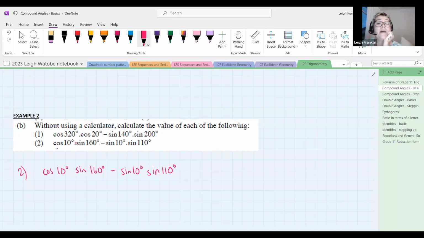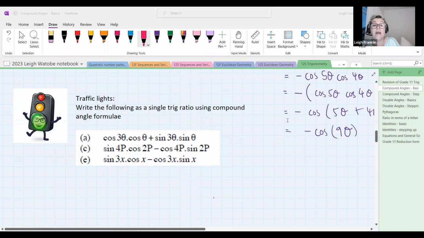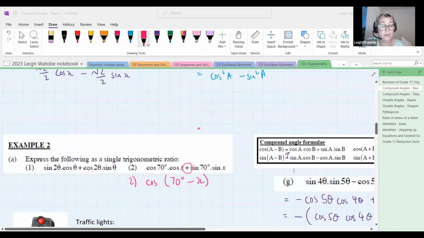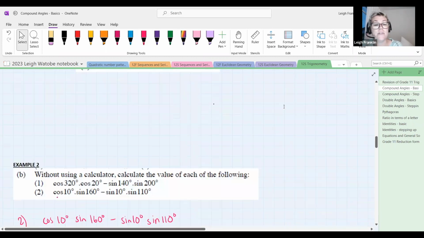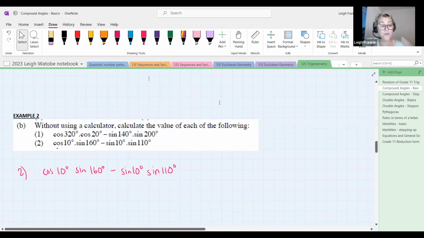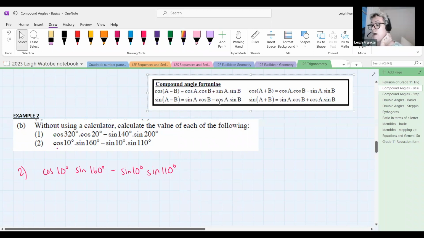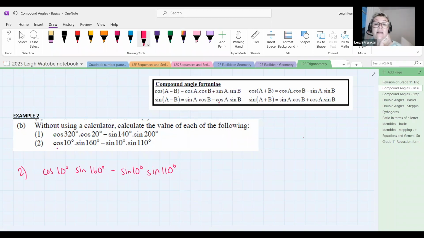That does not look anything like our compound angle formulae at all. Let me just grab them and drag them down here so that they're visible on the page for you guys every time. So it doesn't look anything like that. We're not going to worry about that just yet.